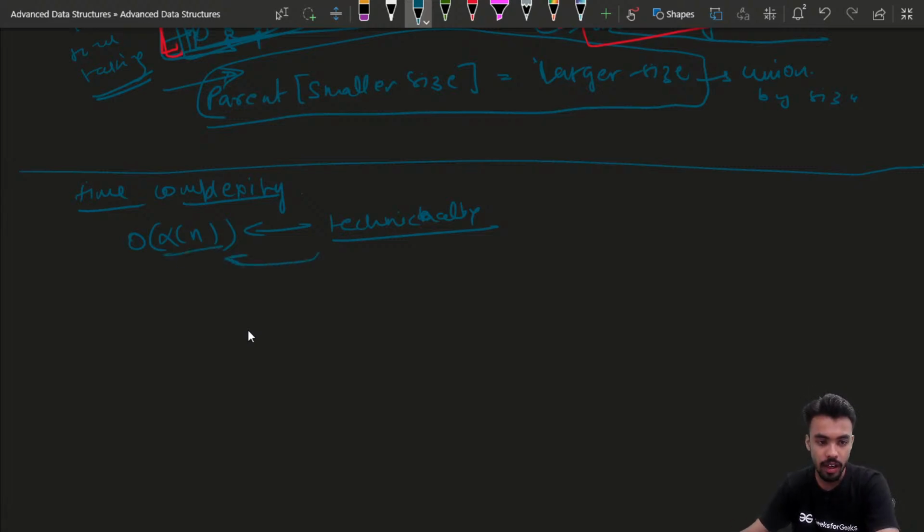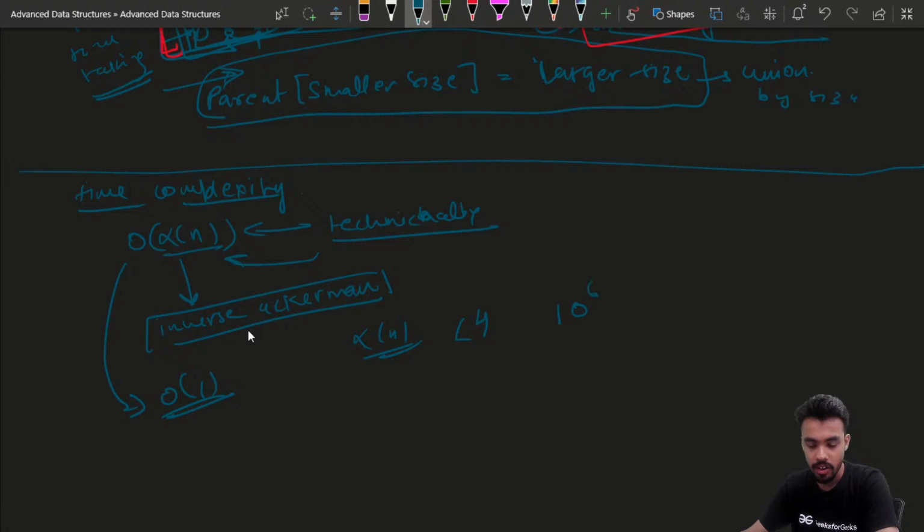So what is alpha n? Alpha n is the inverse Ackermann function. Basically this order of alpha n is almost order of 1. Why am I saying this order of alpha n is almost order of 1? Because this alpha n doesn't exceed 4 even if n is 10 to the power 600.